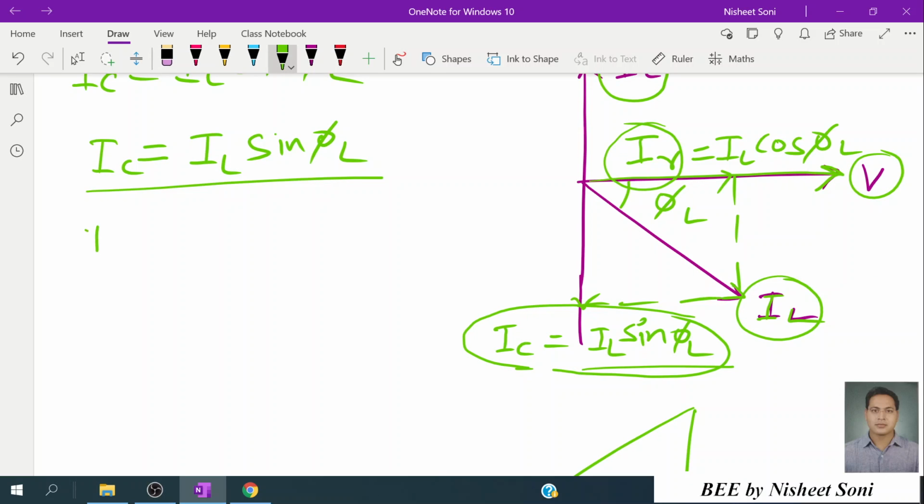IL will be nothing but V divided by ZL, and ZL equals R plus jXL.